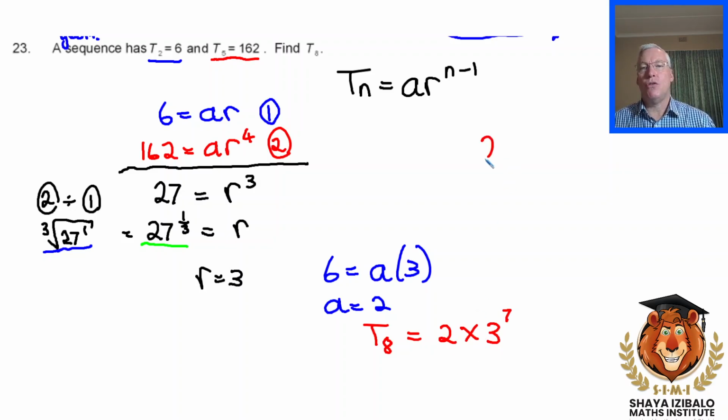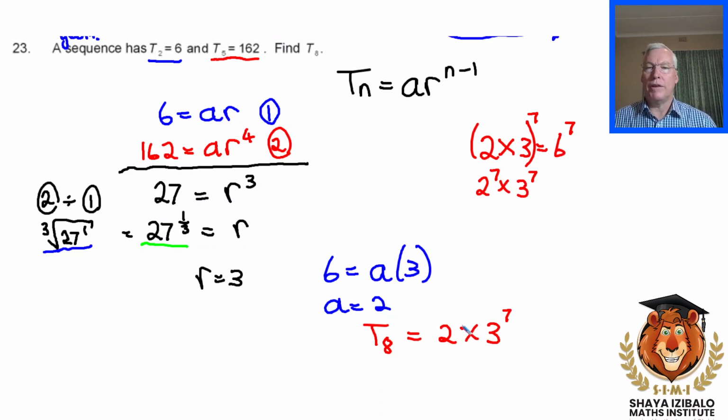If you multiply the 2 by the 3 and then put it to the power of 7, you're getting 6 to the power of 7. This is the same as 2 to the 7 times 3 to the 7. That's not what we've got here. We haven't got 7 2's multiplying together. We've got one 2 and 7 3's.